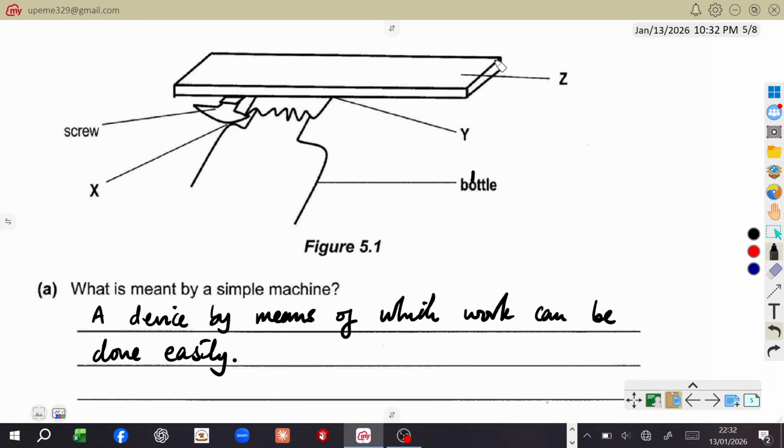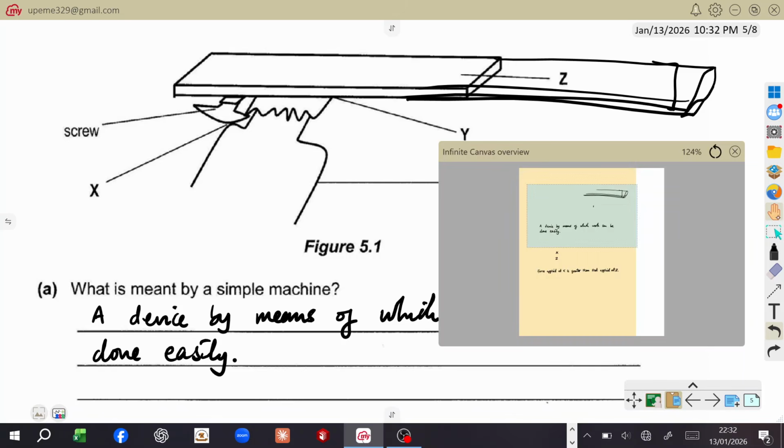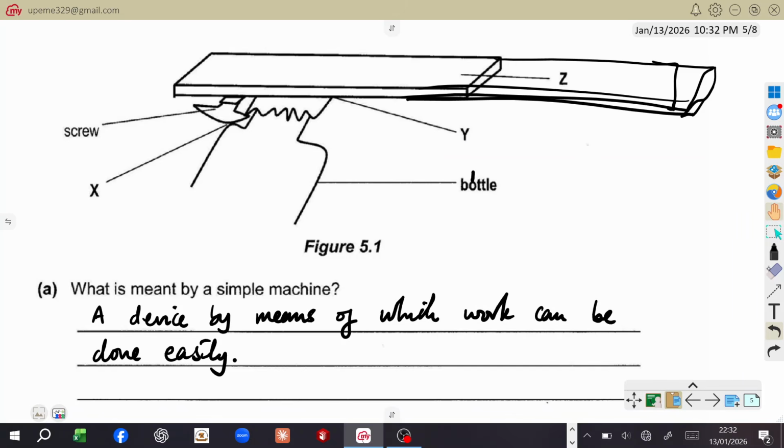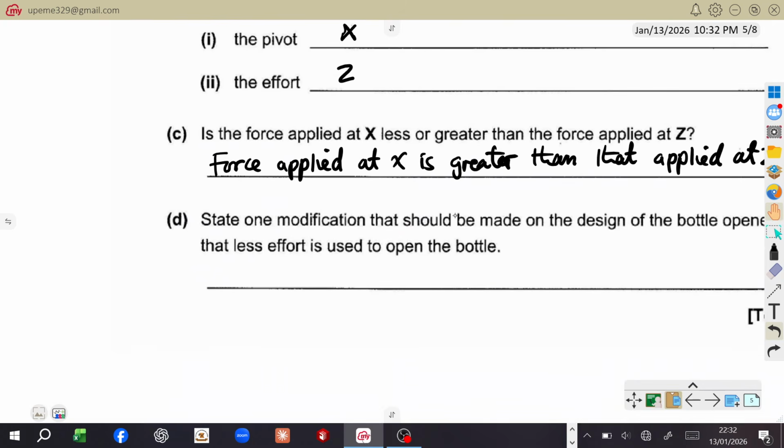You make the handle longer. Like on moments, those guys who unscrew very hard nuts on trucks or buses, the handles are longer so that you apply less effort. So the design is to make the handle longer.